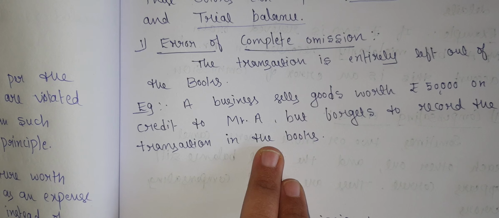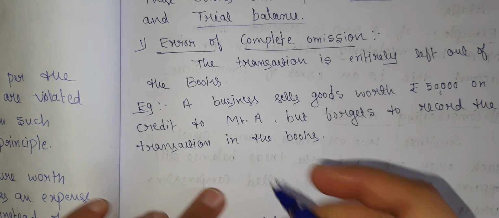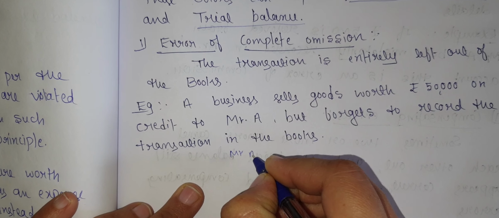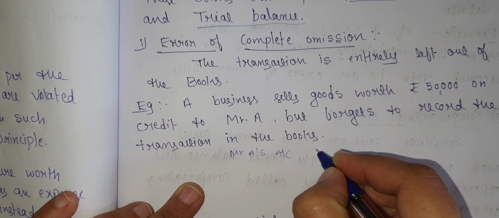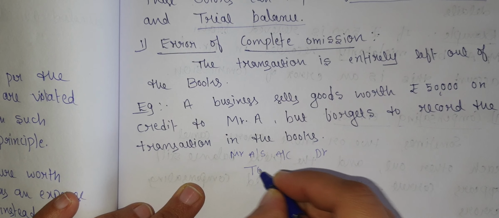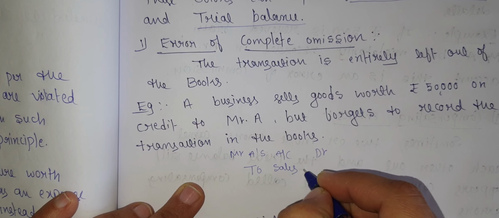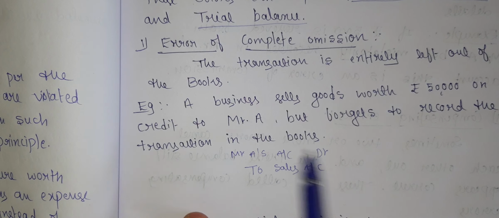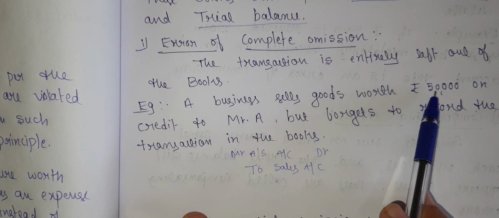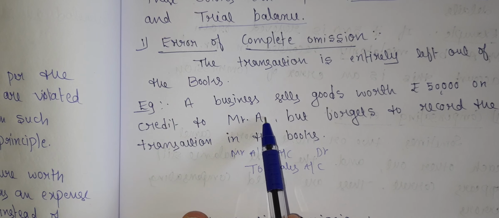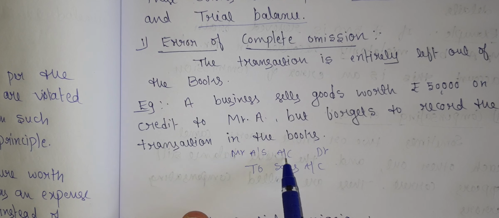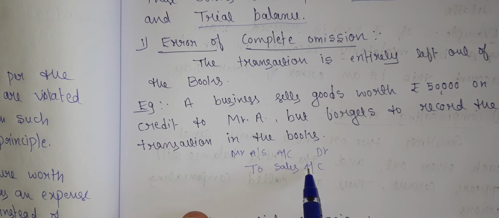So what is the journal entry? The journal entry is Mr. A's account debit to sales account. What is the transaction? The business sells goods worth rupees 50,000 on credit to Mr. A. The journal entry is Mr. A's account debit to sales account.